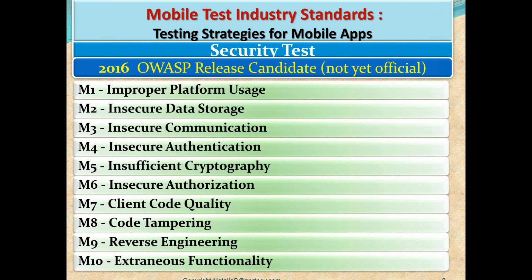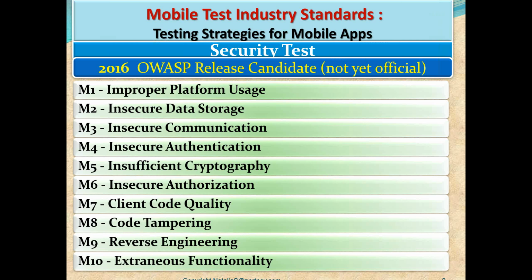What we have: improper platform usage, insecure data storage, insecure communication, insecure authentication, insufficient cryptography, insecure authorization, client code quality, code tampering, reverse engineering, and extraneous functionality. Let me just give you a little bit of insight into what is behind each of these points.